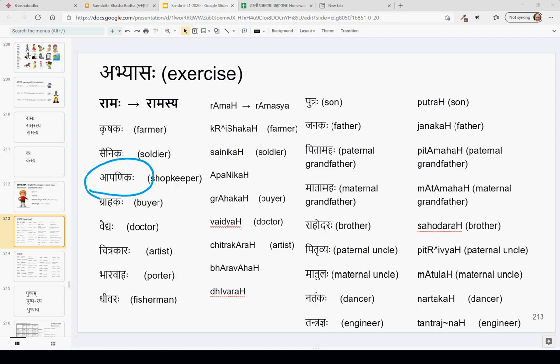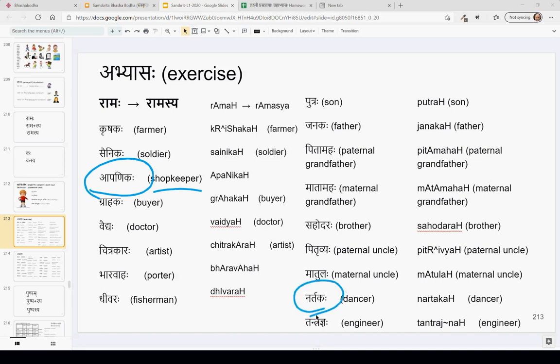And you have to use another word in relation to that, like the example was apanikasya gruham. Gruham is home. Shopkeeper's house. That is what we want to say. So apanikasya gruham. You can try another example like that.